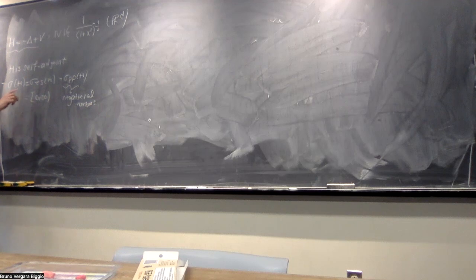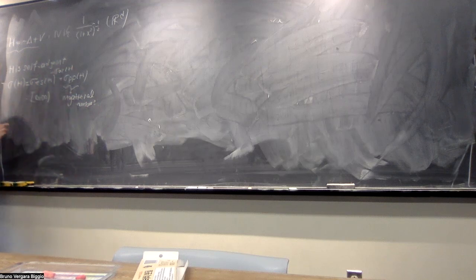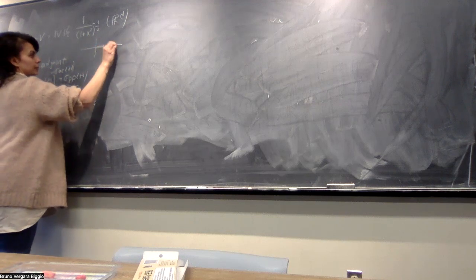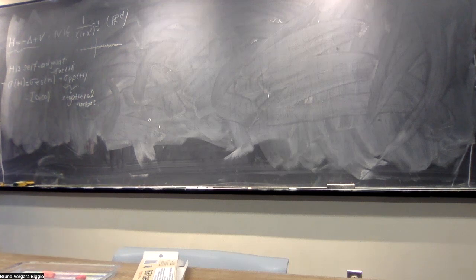So in particular, this essential spectrum is also equal to its absolutely continuous spectrum. So what I have here is absolutely continuous spectrum, and I have some points here. And in fact, I'm gonna focus on this part.